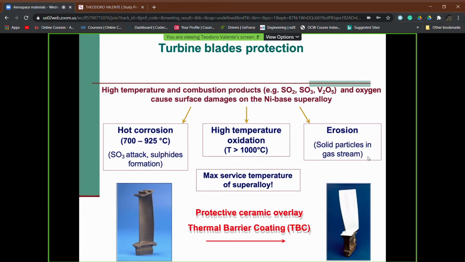Think, for example, of something flying over a desert area, which is erosion. So the ceramic coating can also be used to protect the nickel-based superalloys from erosion phenomena due to solid particles which are present, for example, in the gas stream.